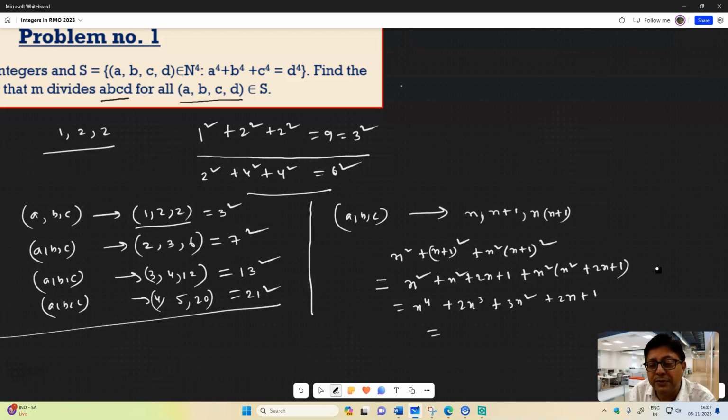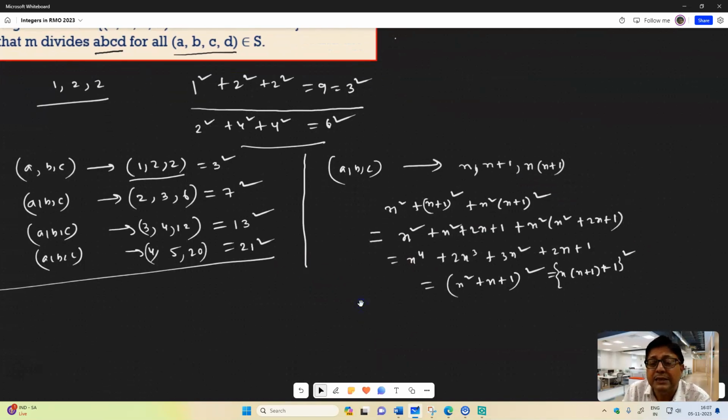One can write this one as n square plus n plus 1 whole square, or n into n plus 1 whole square. So it's very interesting to note that our D is just the integer after n into n plus 1. See, 6 plus 1, 7, 12 plus 1, 13, 20 plus 1, 21. So the sum of these three is equal to this.